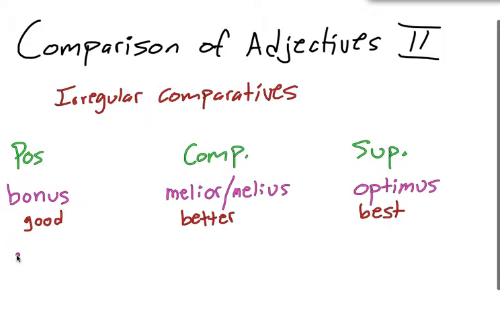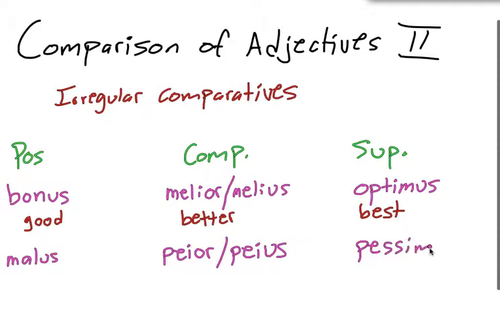All right, the second one, the opposite of bonus, malus, bad or evil. Its comparative is peior, and the neuter, of course, peius. And the superlative, pessimus. So malus, peior, pessimus. From peior we get pejorative.